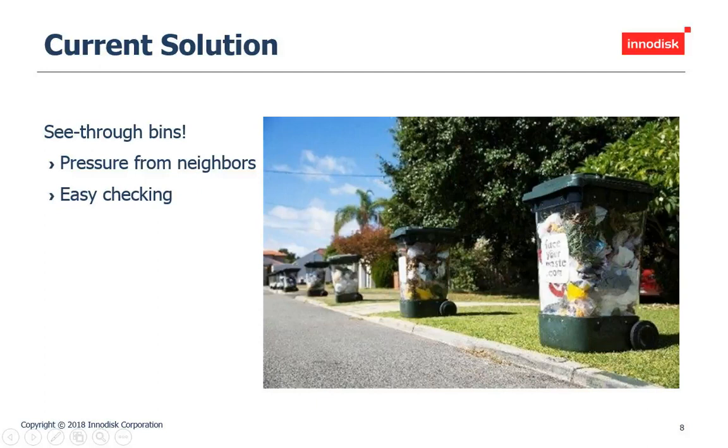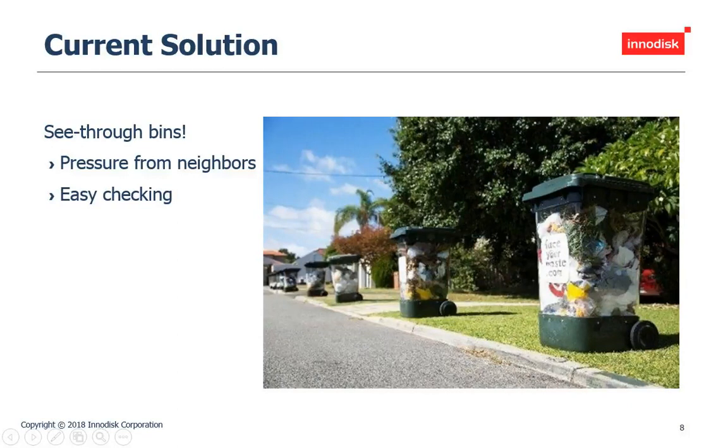They hope you will feel shame about putting recycled bottles or whatever into this can. It will also be easy for the police or government to come and check the garbage. But do you think this is very efficient?